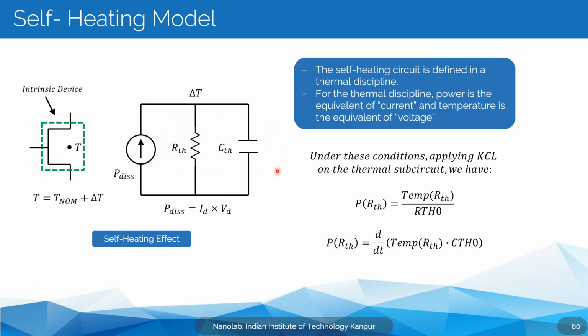Now, as we know, self-heating is a very slow process, and at very high frequencies the device does not respond to self-heating behavior. This is exactly what the capacitance is for.